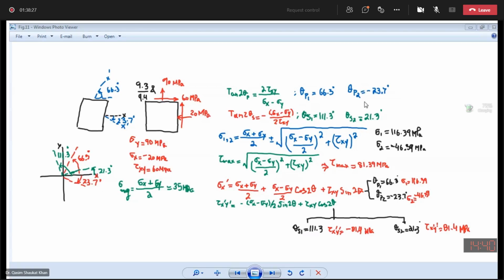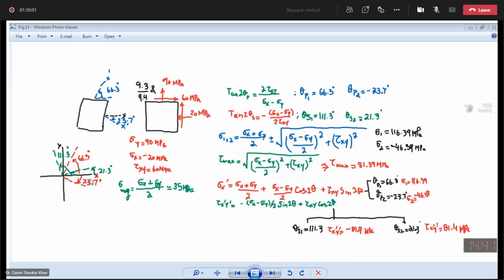Is this point clear? This is what I was telling you a short while ago, that the difference between theta P1 and theta S1 should be 45. You can see this angle, this is theta P1, this is theta S1. So the difference of these two is 45 degrees: 111.3 minus 66.3, so 45 degrees. Then the difference between 21.3 and 23.7 is 45.